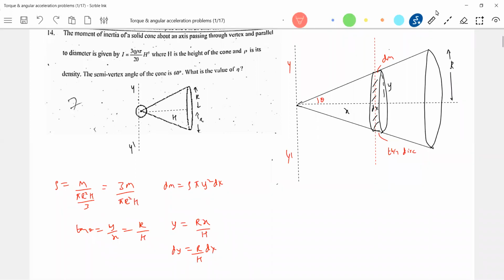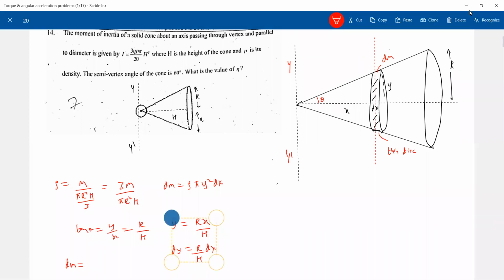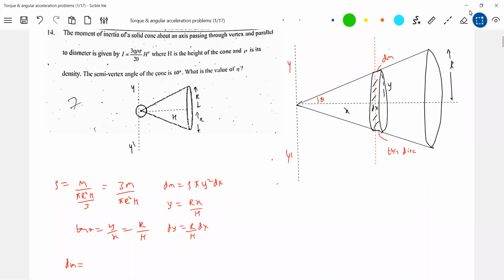Now in place of dm, I can write it. dm after substituting this: rho pi y square into h by r into dy. This is the value of dm.